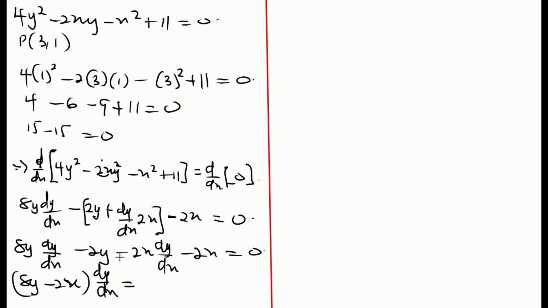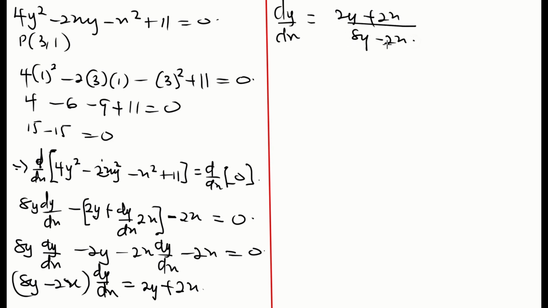You proceed to send the other terms to the right hand side, where this is now positive because it is negative here. This is 2y plus 2x. You make dy/dx the subject, which is now going to give us 2y plus 2x all over 8y minus 2x. Alright, we have now gotten the slope of the tangent.